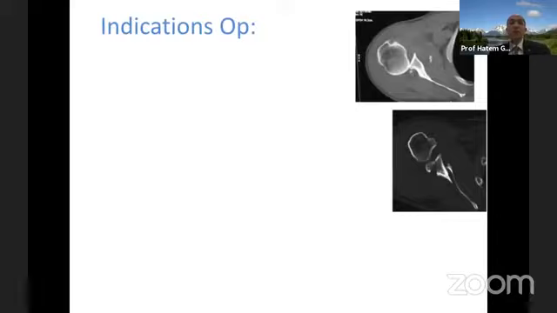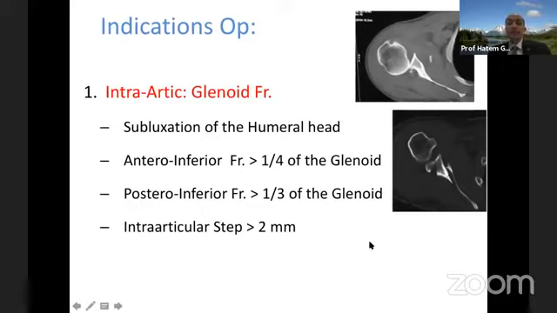Now, what's most important is that we learn the indications of surgery for scapular fractures and what gives the better outcome. For intra-articular fractures, we know that if we see a subluxation of the humeral head, then that's an indication for surgery. Antero-inferior or postero-inferior fractures, whether it's one-third or one-quarter of the articular surface, will cause instability.